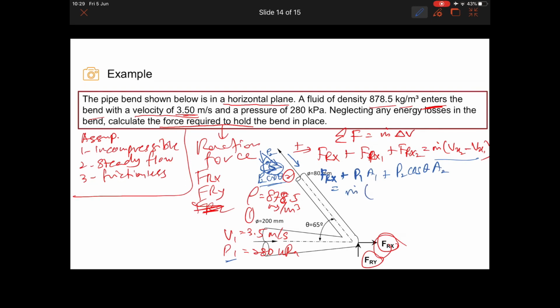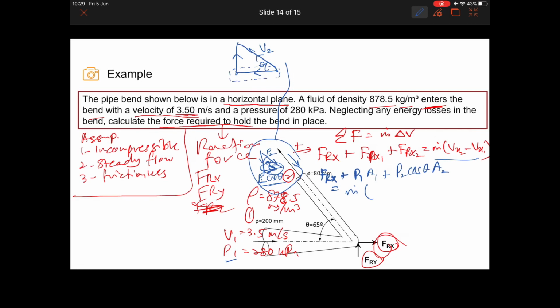Is Vx at point 2 positive or negative? Let's see. Okay, the velocity goes this way, so you do the trigonometry and the direction. Am I right? The direction of the velocity. So this is the velocity V2, this is the theta. You want to have this direction, right?